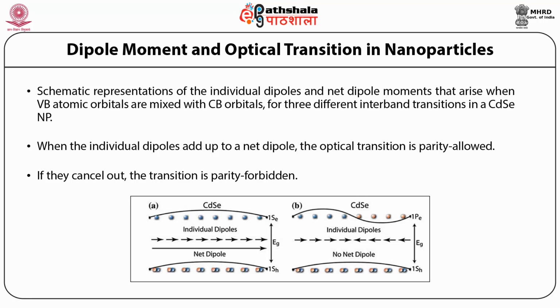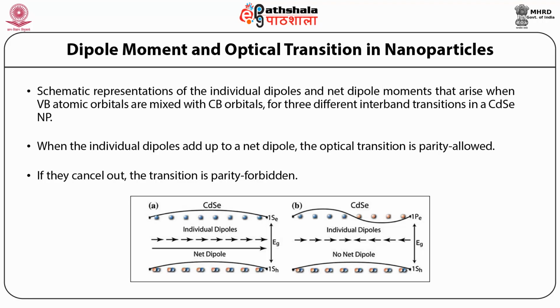So within each unit cell, mixing of these states yields a dipole moment, which is indicated by the small arrows in this figure.